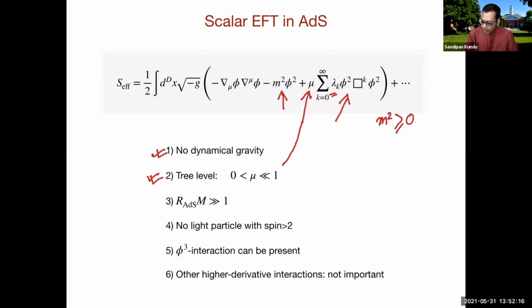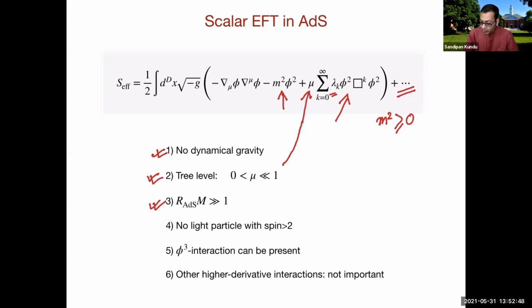The third condition that I'll impose is the following. The radius of AdS is large compared to the cutoff scale associated with this effective field theory, which is this condition. And as you can see, there are dots written here. That means there can be other things that one can include, but all the bounds that I'm going to talk about will not depend on these dots.